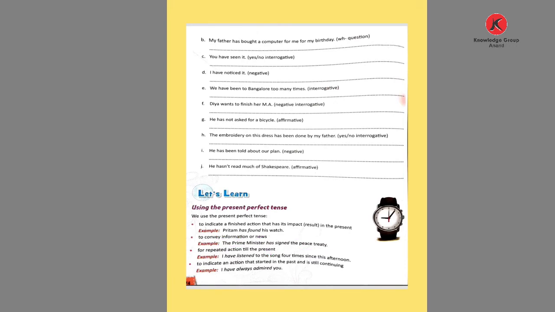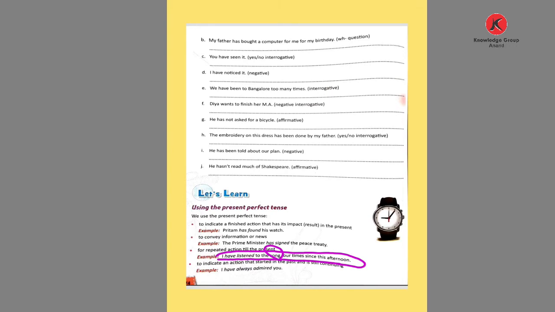For repeated action till the present, there we use the present perfect tense. I have listened to the song 4 times since this afternoon. So the repeated action continues till the present.